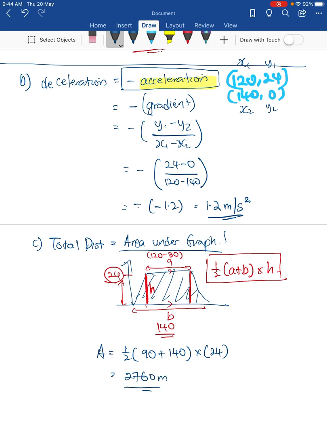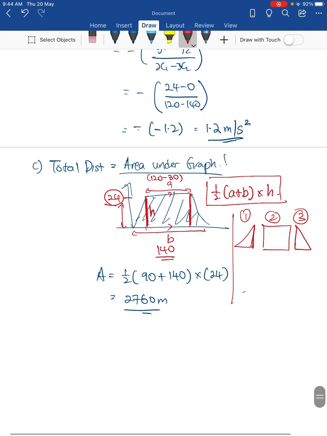Okay, so this is one way. Of course, if you are not very familiar with the trapezium formula, you can also break it down. Find a triangle, find a rectangle, and find another triangle. You can break it down into 1, 2, and 3. No problem.